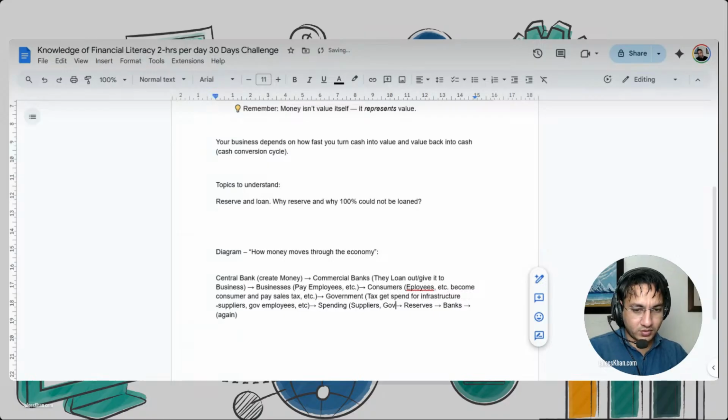Suppliers, etc. spend money, or you can say they deposit it into the bank.